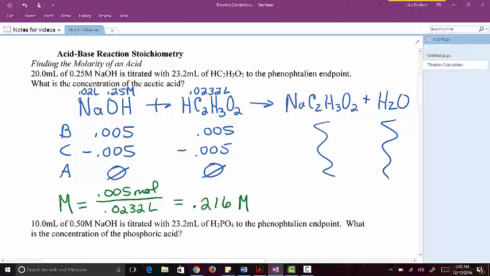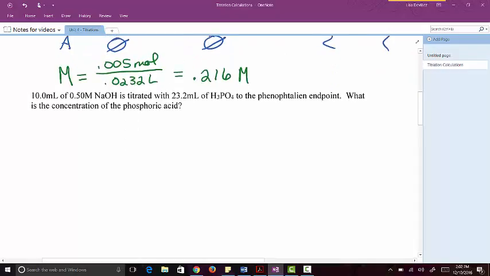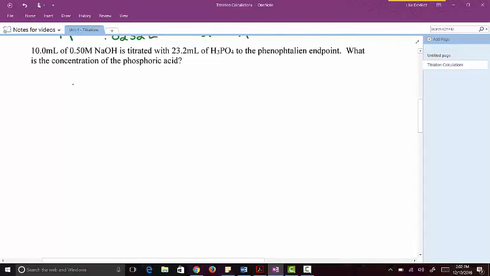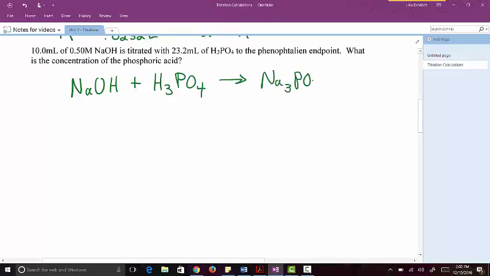Okay. All right, so let's look at another one where it's not 1 to 1. So here, let's write our reaction, which gives sodium phosphate and water.